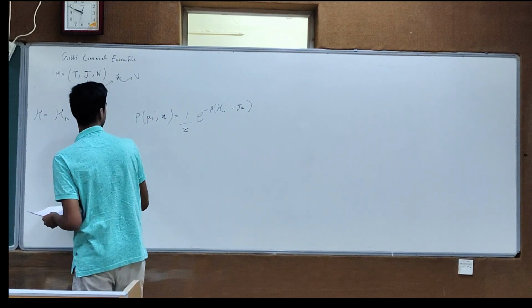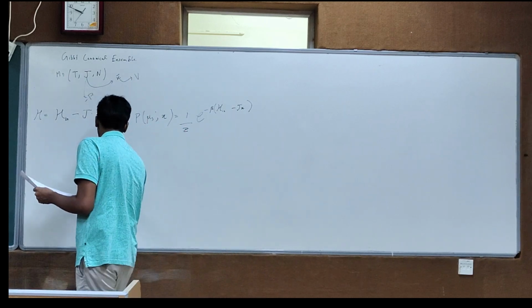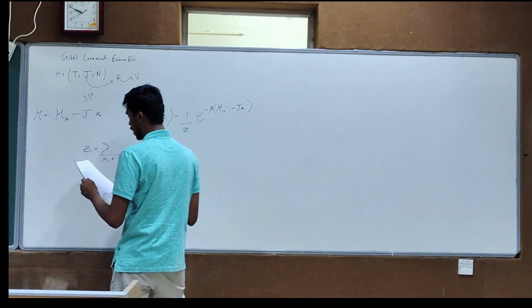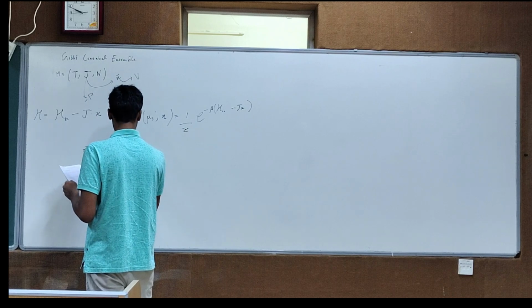To find this normalization constant Z, you sum over all microstates and also over all the values of X this quantity.